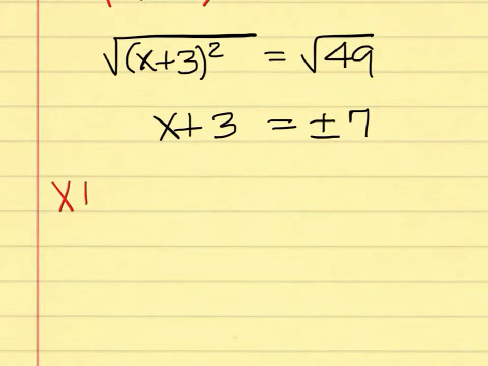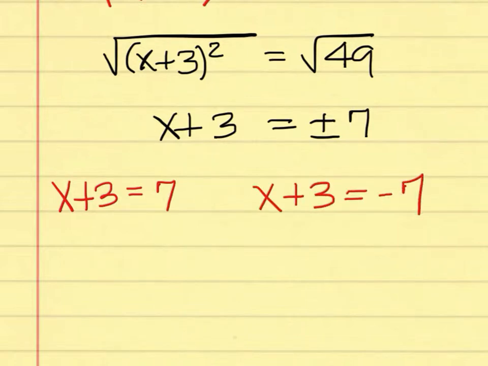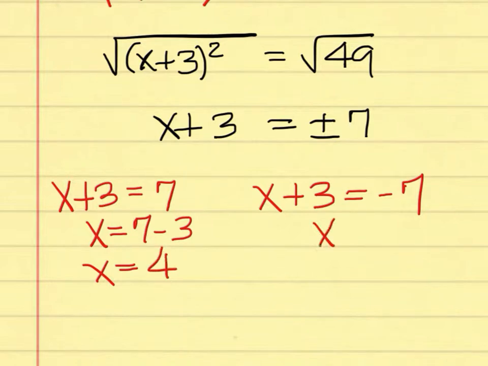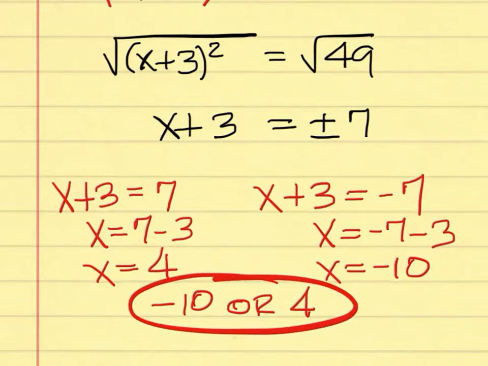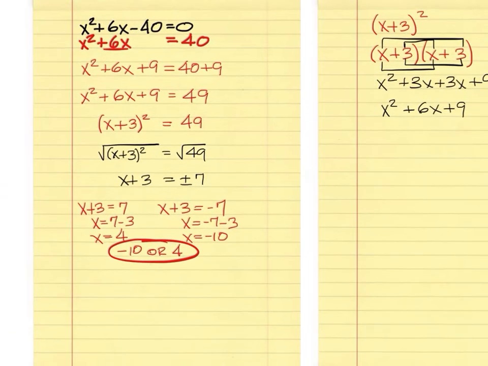You have x plus 3 equals 7, and x plus 3 equals negative 7. On the left-hand side, x would equal 7 minus 3, which is 4. On the right-hand side, x equals negative 7 minus 3, which is going to be negative 10. So negative 10, or 4, is going to be the solution to this problem.